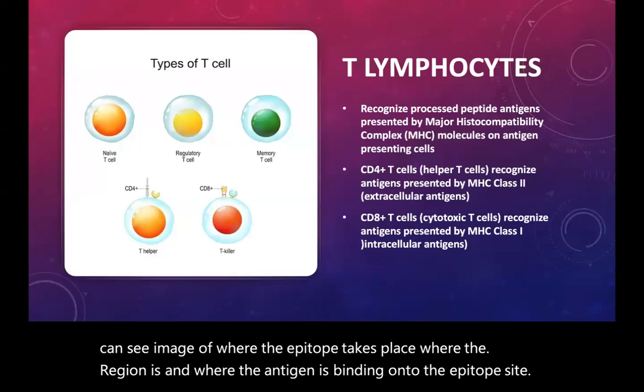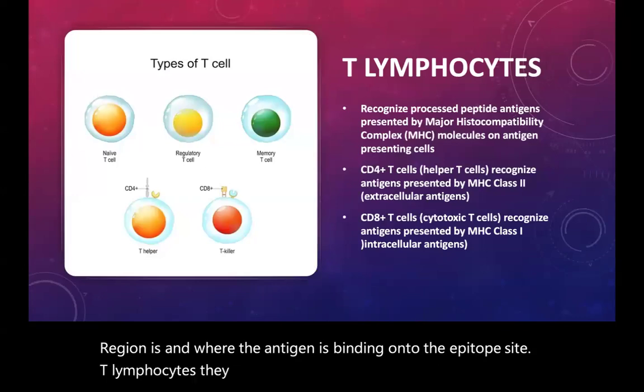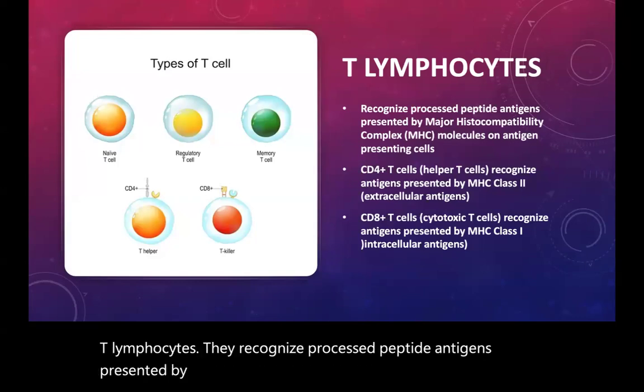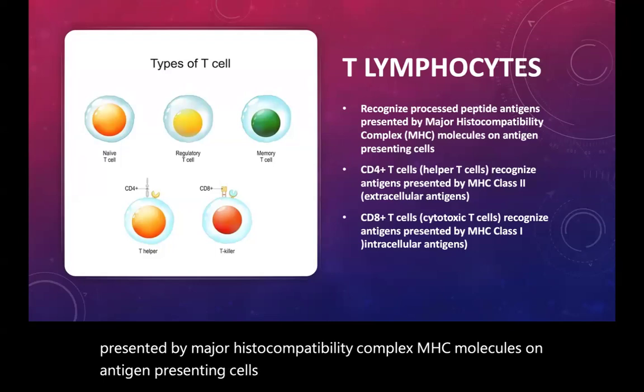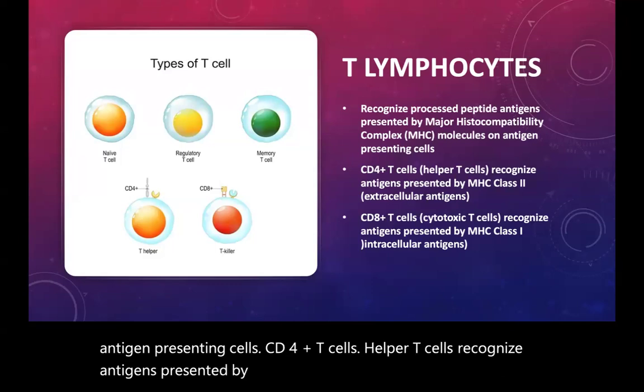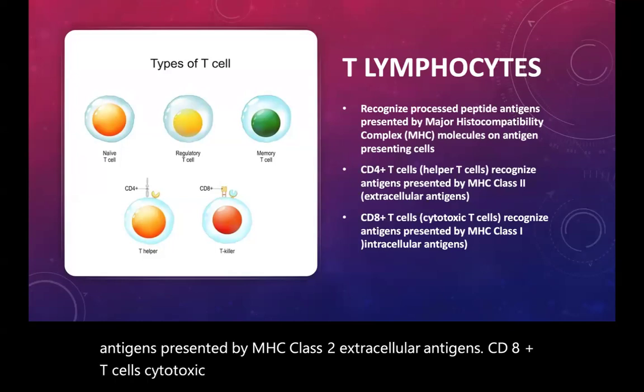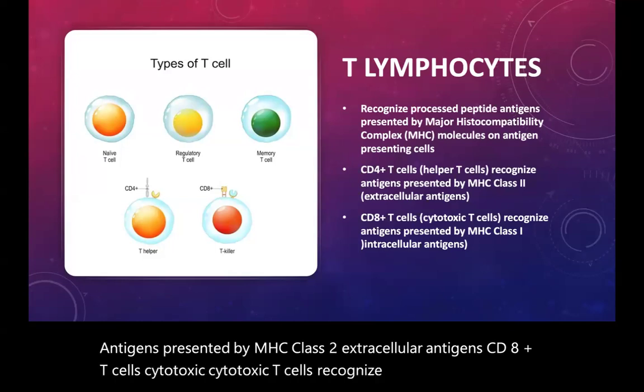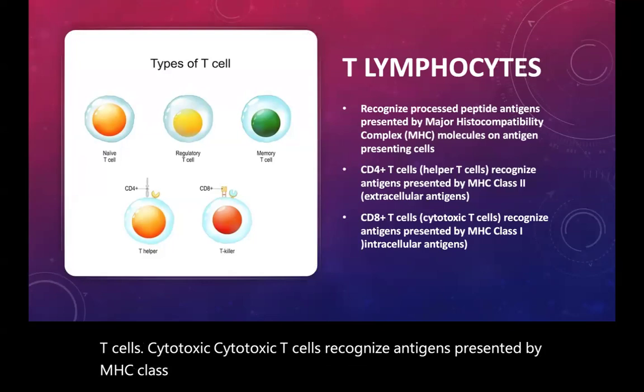T lymphocytes recognize processed peptide antigens presented by major histocompatibility complex, MHC, molecules on antigen-presenting cells. CD4 plus T cells, helper T cells, recognize antigens presented by MHC class 2, extracellular antigens. CD8 plus T cells, cytotoxic T cells, recognize antigens presented by MHC class 1, intracellular antigens.